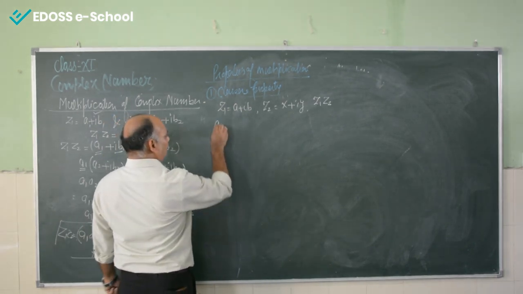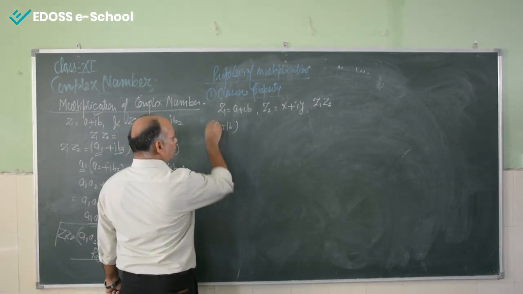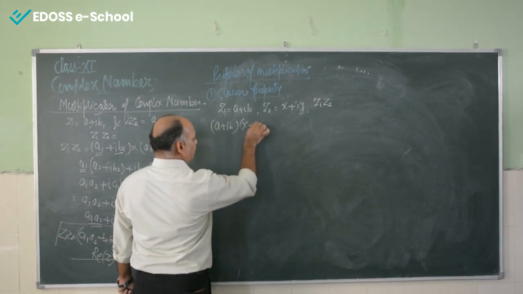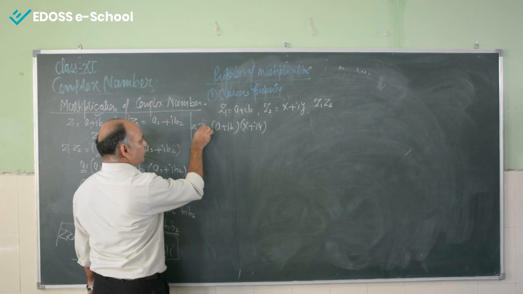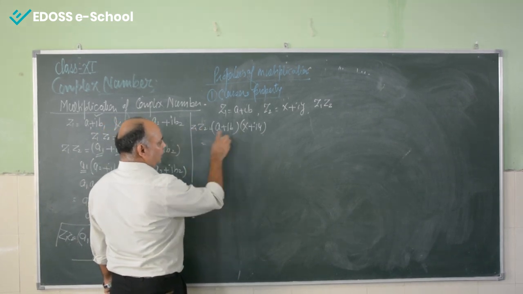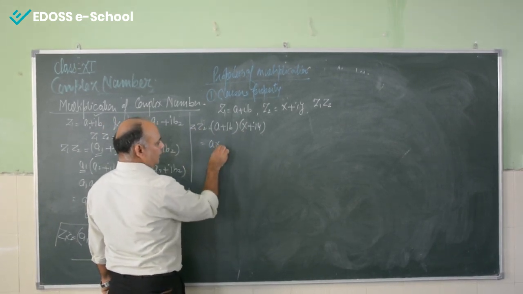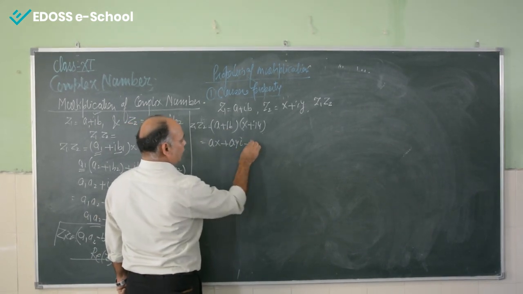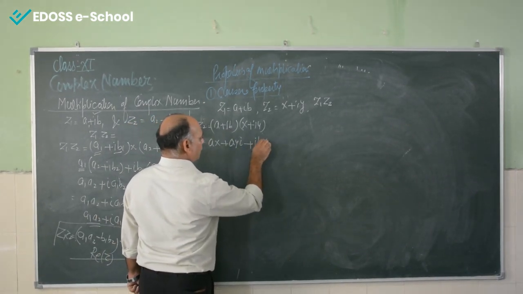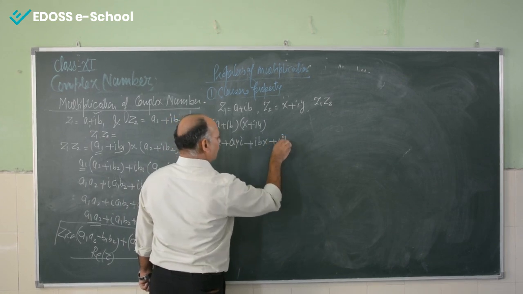Then this will be a plus iota b multiplied by x plus iota y, and this will be equal to Z1 Z2. Then a multiplied by x, you are getting ax plus ay iota plus iota bx plus iota square by.